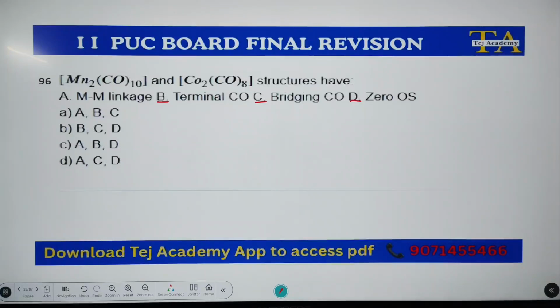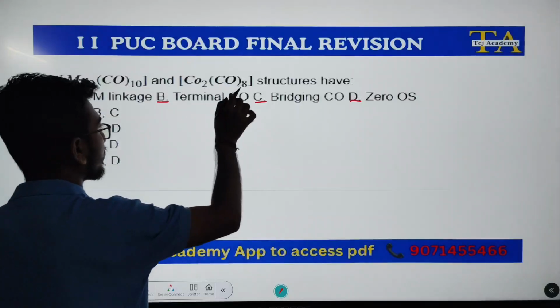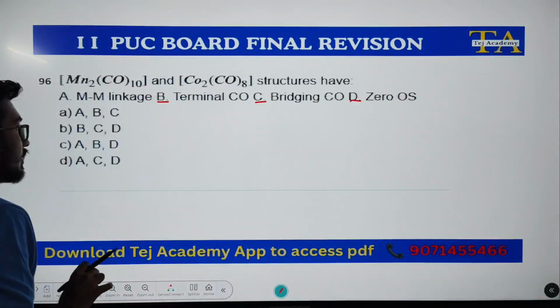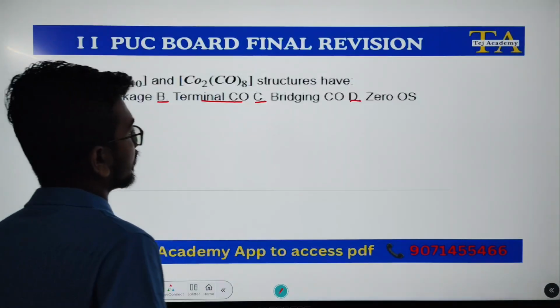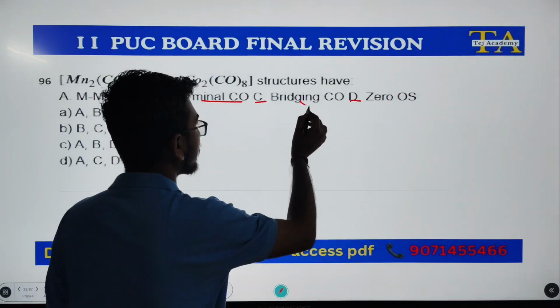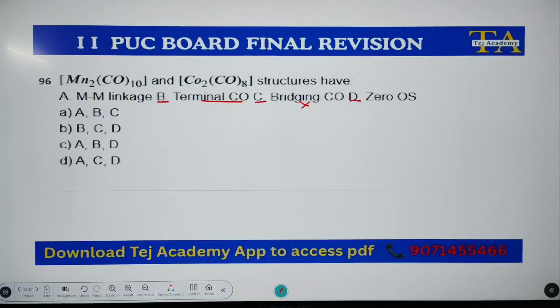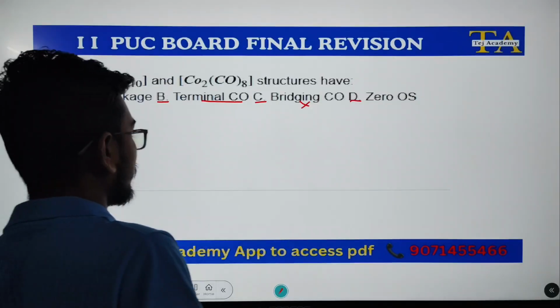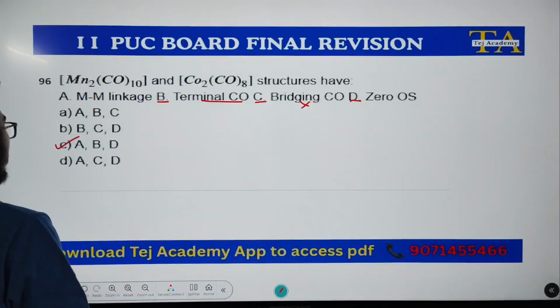See here, carbon monoxide 10 is there, here carbon monoxide 8 is there. If you write the structure, we'll observe these terminal carbonyl compounds. Yes. Then bridging is not available for carbon monoxide. Okay. Then zero oxidation state is correct. Option C is the right answer.